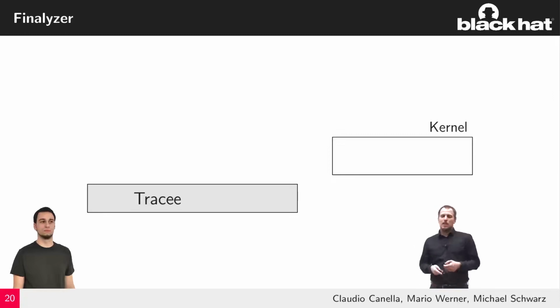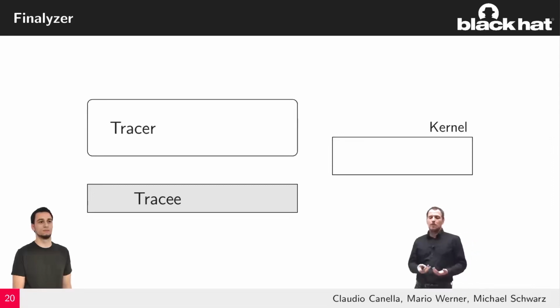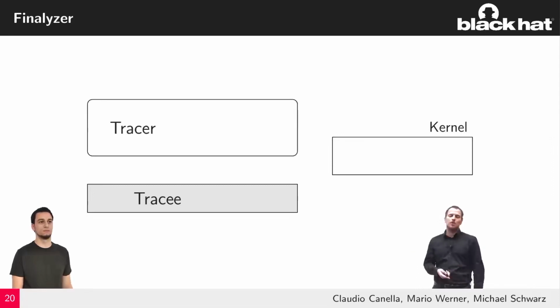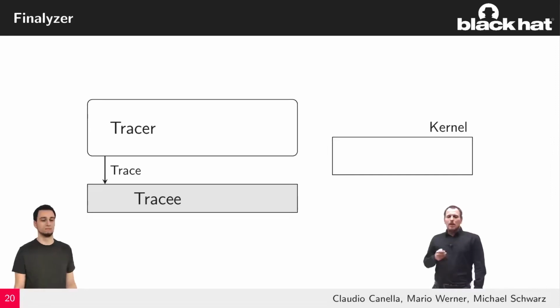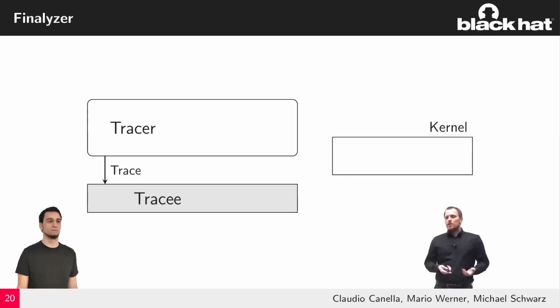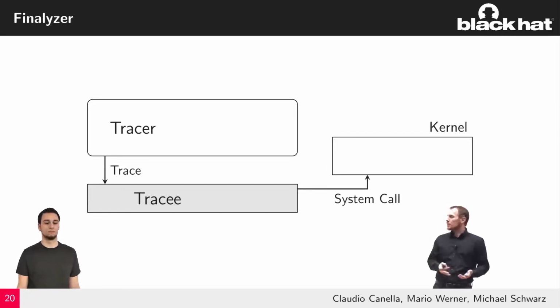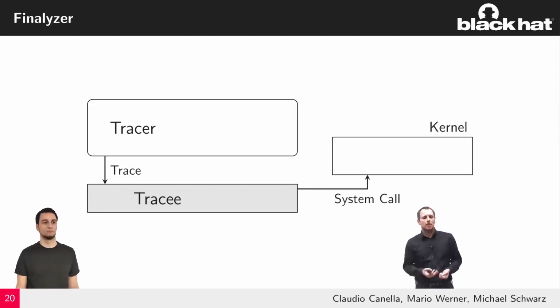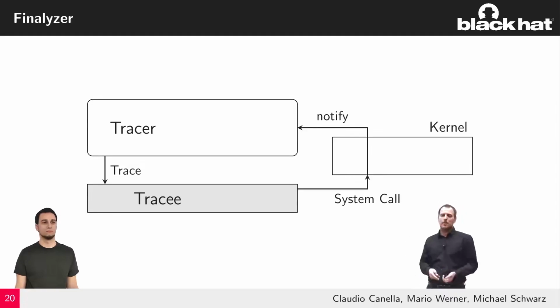So we have a tracee, which is the application which we want to protect, and we spawn a second process, the tracer, which monitors the syscalls of our target application. What now happens when the application makes a syscall, the kernel automatically delegates this decision if the syscall is okay or not to our tracing application.